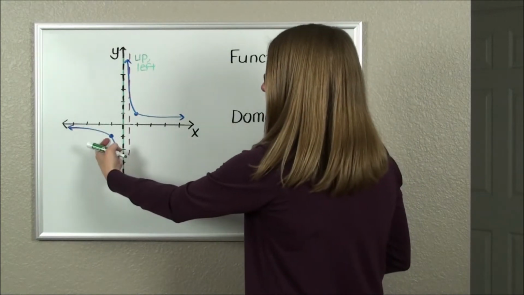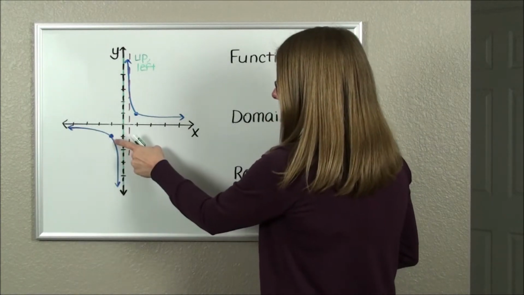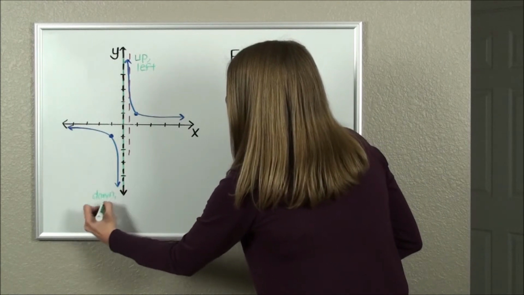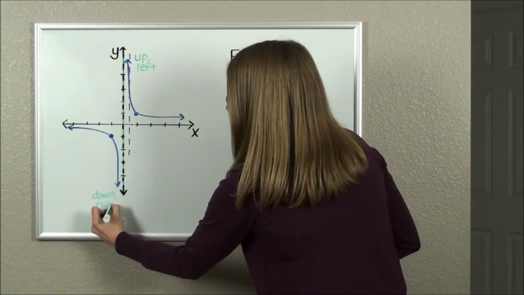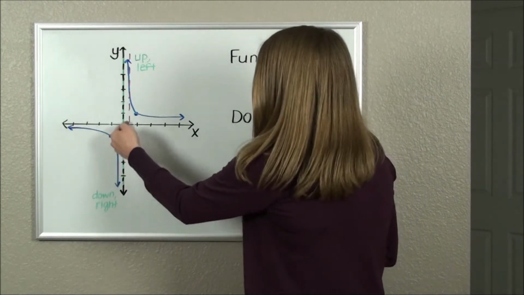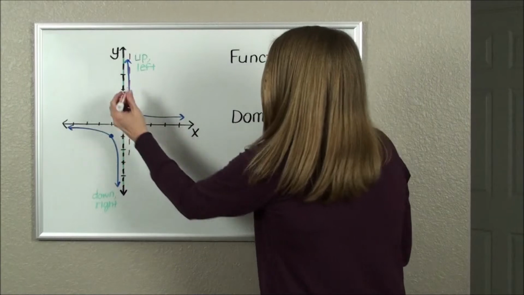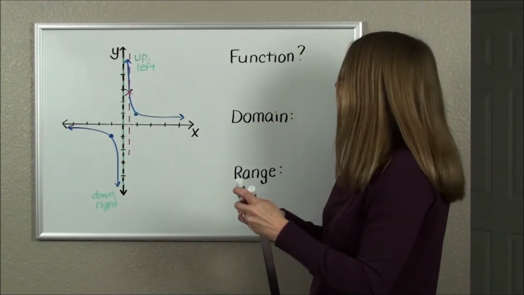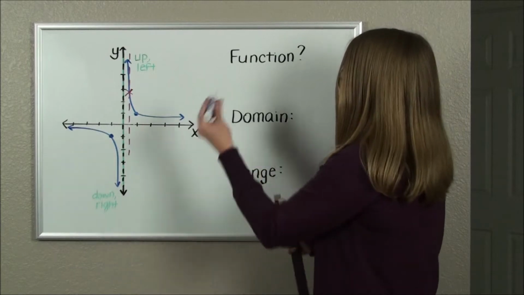Same thing here. From this point as I move to the right, I'm going down as I go right. If I'm always going right as I go down, then I'm never going to be perfectly vertical. And so even though it might visually look a little bit troublesome, it is technically only touching at one point. This is a function.